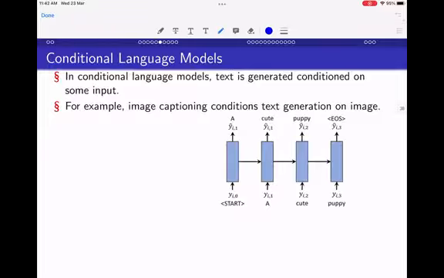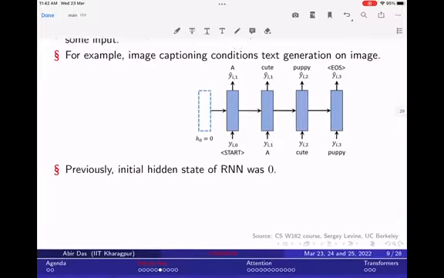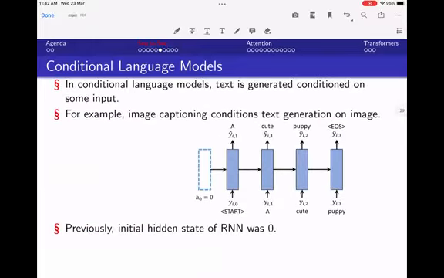For that, you start with the basic language model that we are discussing for the time being. In this basic language model, we had earlier started with this start token, and when we discussed the RNN for the first time, the initial hidden state was all zero.